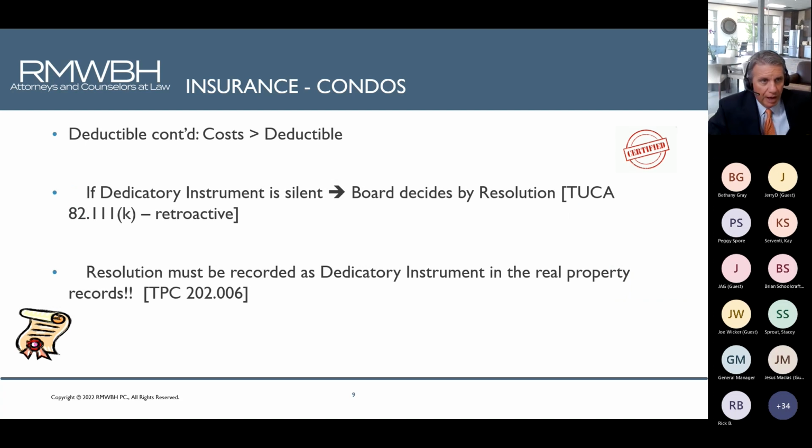Now, if the dedicatory instrument is silent, then the board can decide by resolution under TUCA 82.111 and make it retroactive. Now, this is critically important. The resolution must be recorded as a dedicatory instrument in the real property records under TPC 202.006.